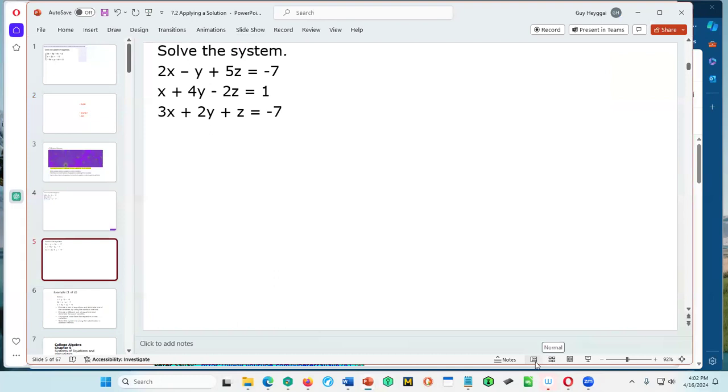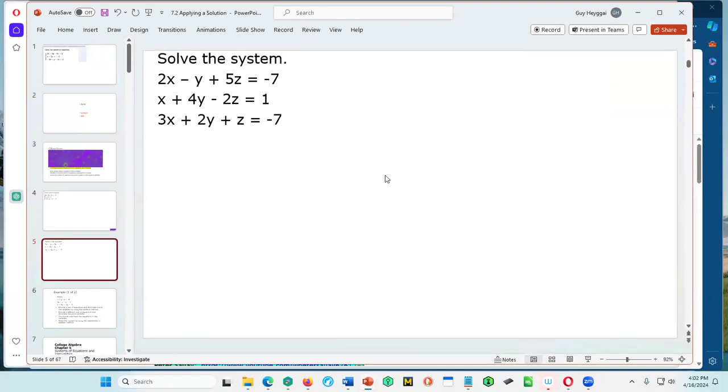So here's a typical system, and we're going to go about it by substitution.